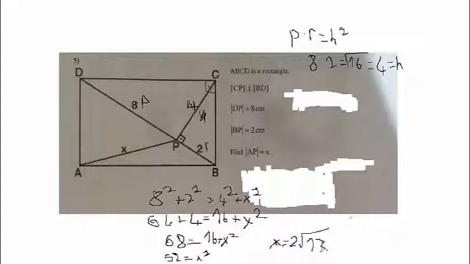So 64 plus 4 is equal to 16 plus x square. 68 is equal to 16 plus x square. 52 is equal to x square, and x is equal to 2 root 13.